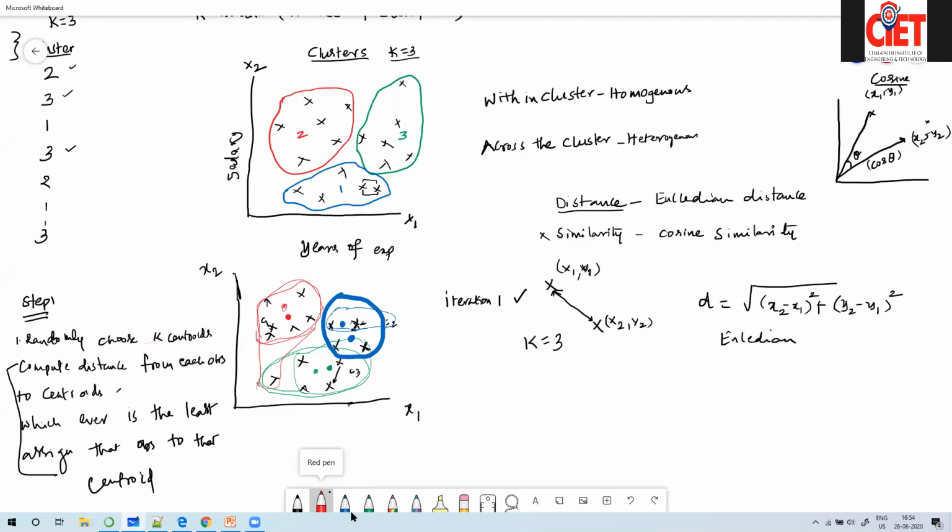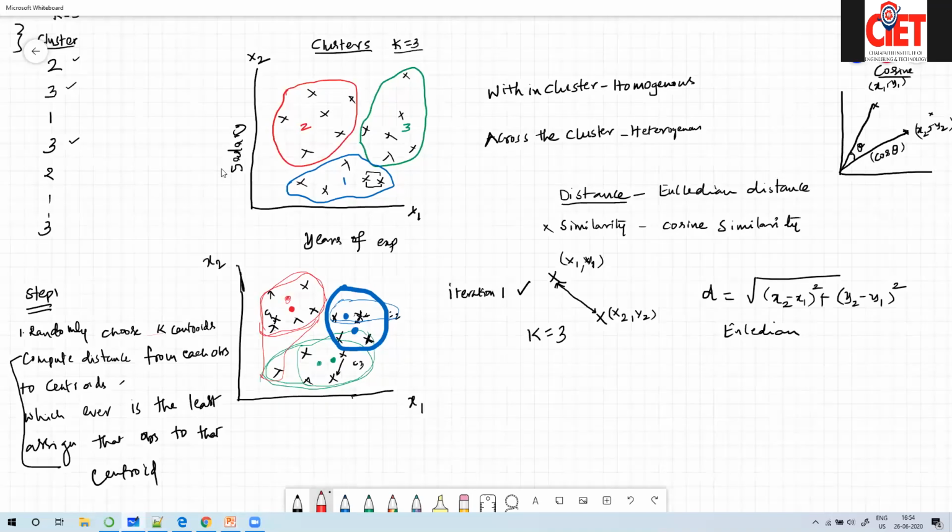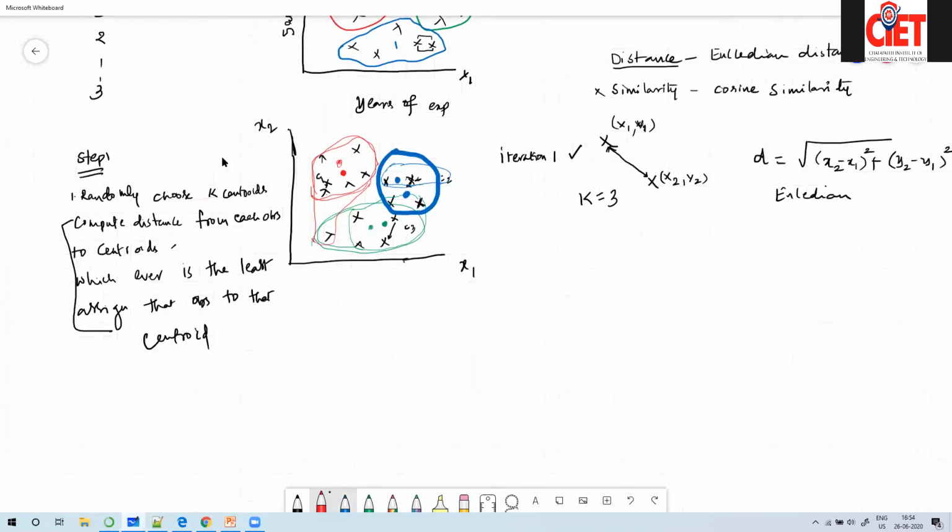So step 1, randomly choose k centroids, compute the distance from each centroid to each point, assign the point to the centroid. Once step 1 is done, remove the centroids, compute the new centroids. So let's write those points from step 2. In step 2, compute new centroids.